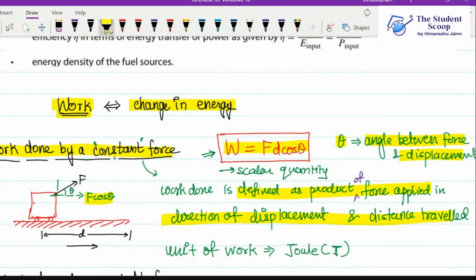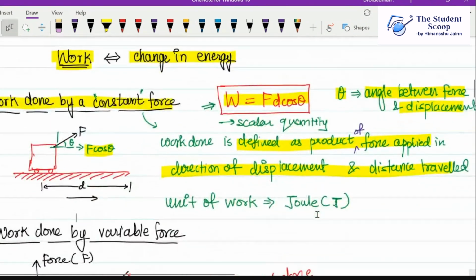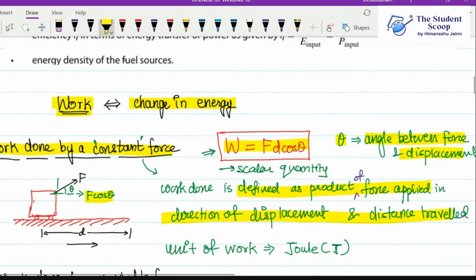But this is a very important part, because if the force is perpendicular to the direction of displacement, if the force was like this and the angle becomes 90 degrees, then cos 90 degrees is 0. Correct? So if the force is like this and the displacement is like this, then in that case work done will be 0.